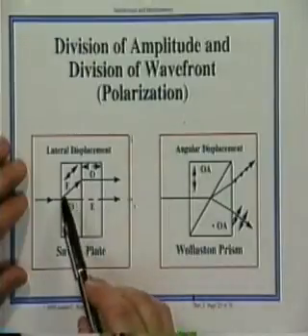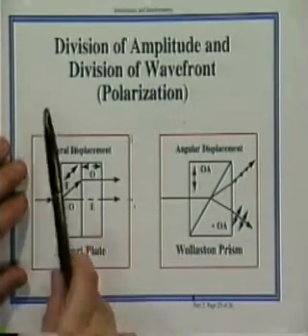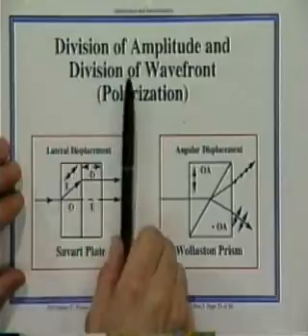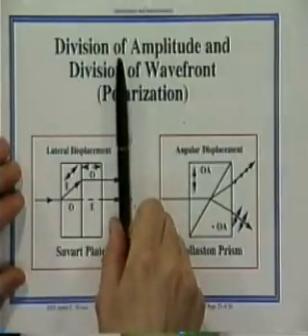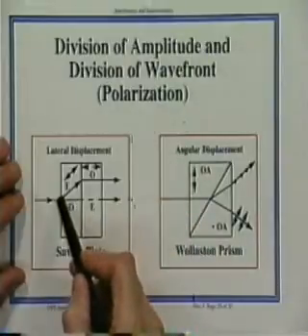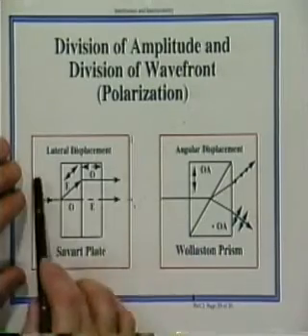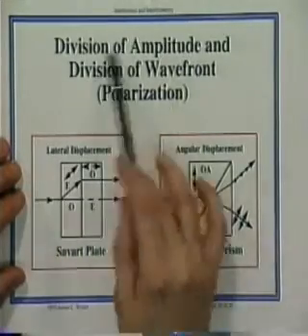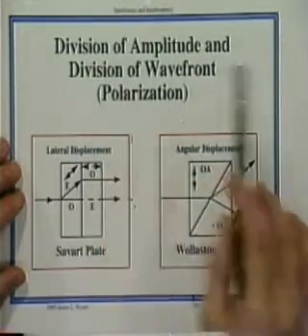And so that's like division of amplitude. But then if we think of this beam coming straight through, and when we actually look at the interference over here, we're interfering light that was down here, a portion of the wavefront, with light that goes straight through here, this portion of the wavefront. So this is really division of amplitude and division of wavefront.